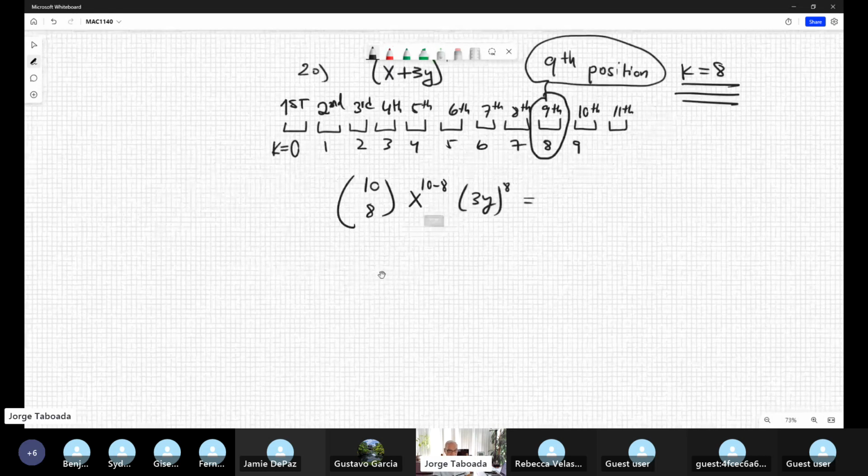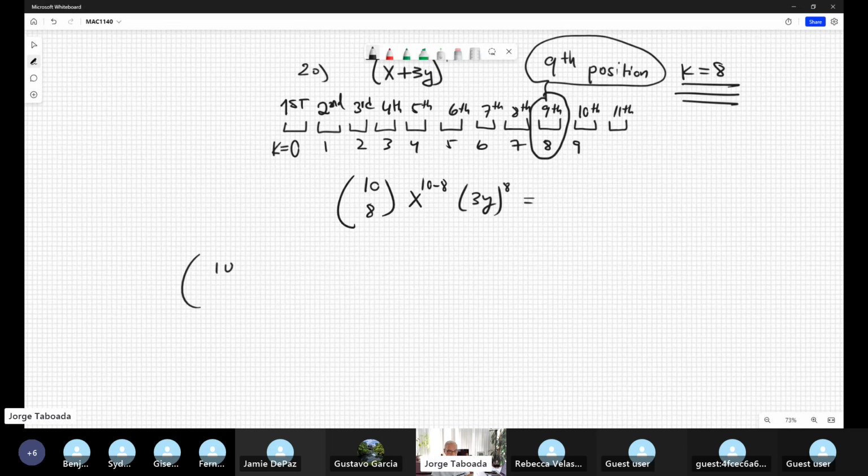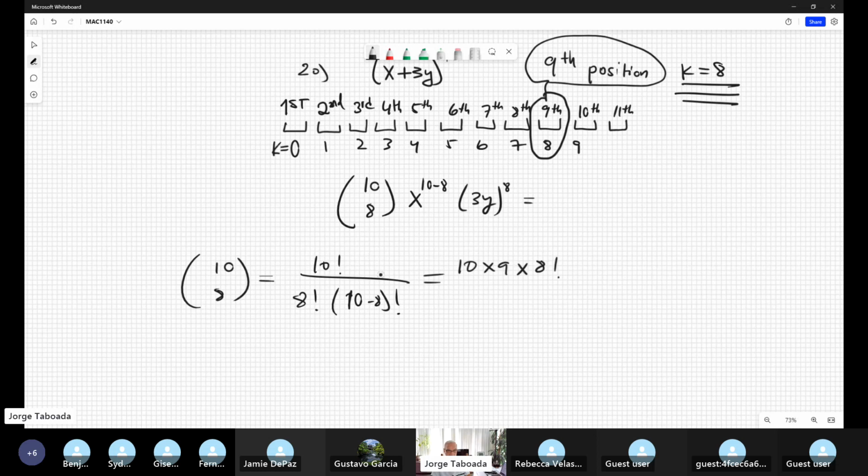The formula for combinatory number 10, 8 is 10 factorial divided by 8 factorial multiplied by 10 minus 8 factorial. 10 factorial, you can break it down like 10 times 9 times 8 factorial, divided by 8 factorial and by 2 factorial, since 10 minus 8 is 2. 2 factorial is just 2 because 2 times 1. Cancel out the 8 factorials. This is 90 divided by 2, which is 45.